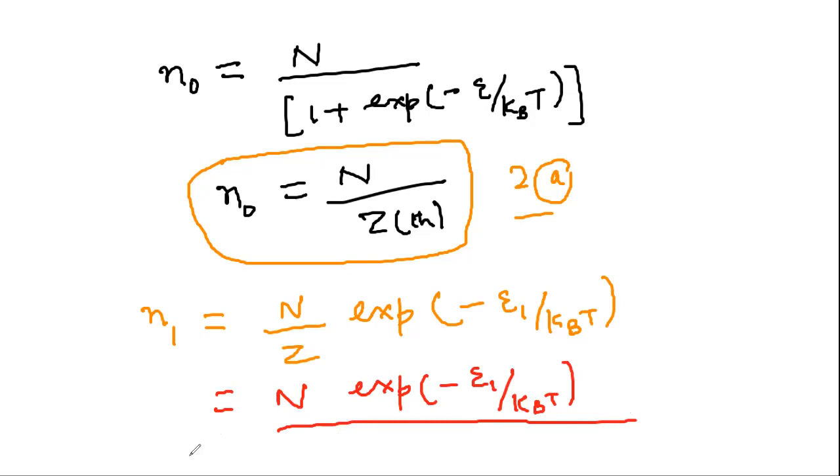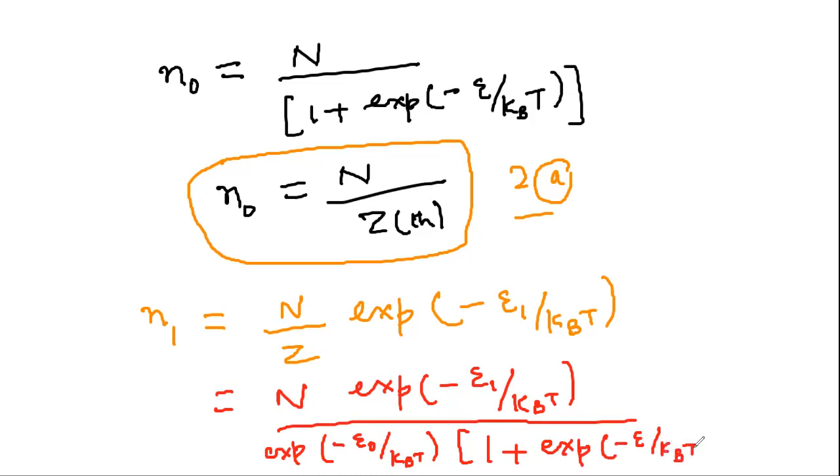So for Z, we substitute from equation 1: exponential of minus epsilon naught by kT times 1 plus exponential of minus epsilon by kT.